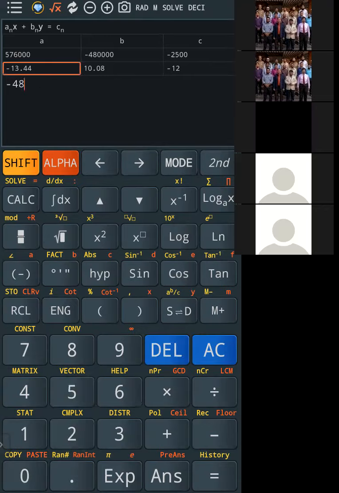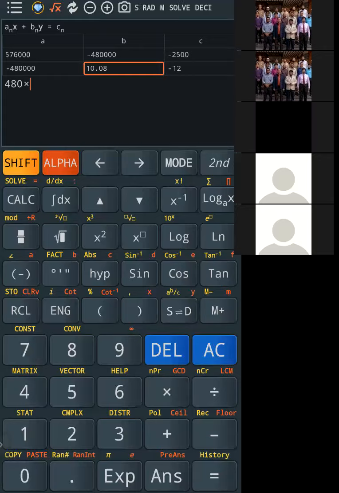Minus 48 into 10 raised to power 4, then 480 into 10 raised to power 4. You can see that is equal to minus 2083.33. Okay, so we'll just solve this.